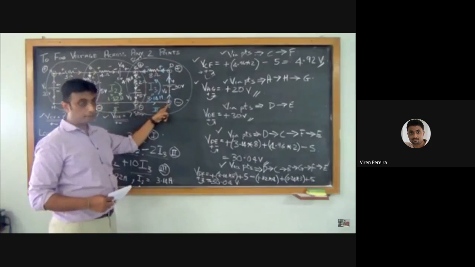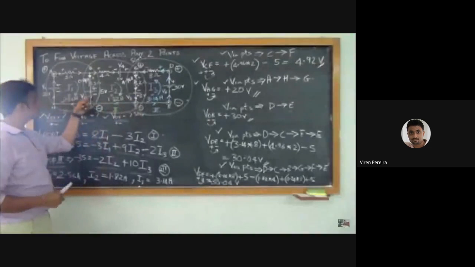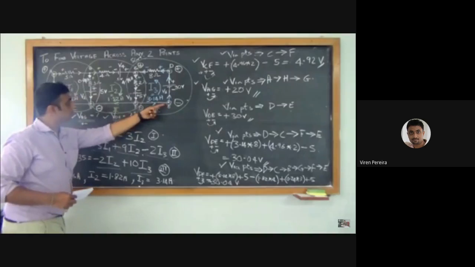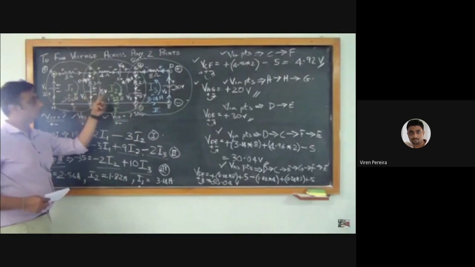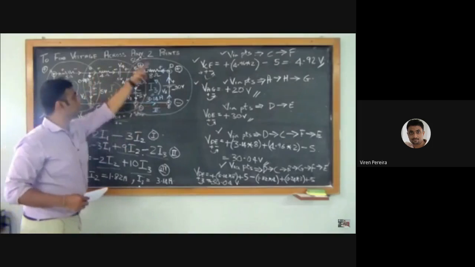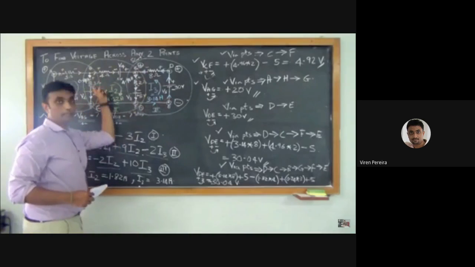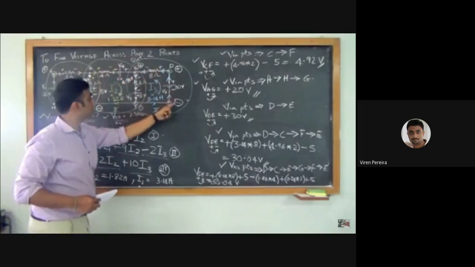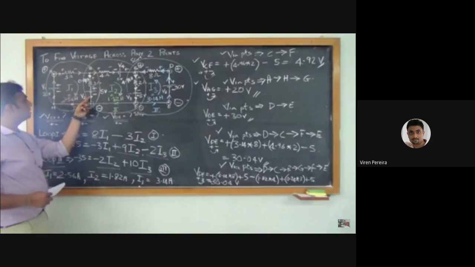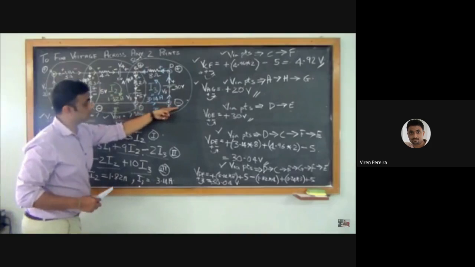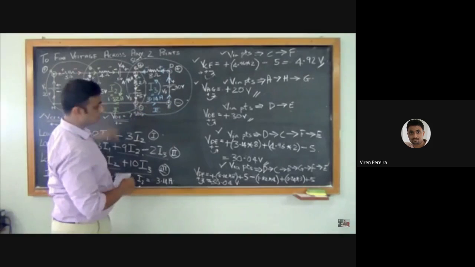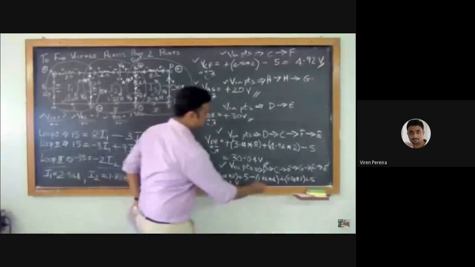If I'm starting from E, the first terminal it comes in contact with is taken as my first terminal because it's moving from E and going to D. So the first terminal it comes in contact with is V2. V2's first terminal right now becomes minus. So minus into minus, plus. So I get plus 5.